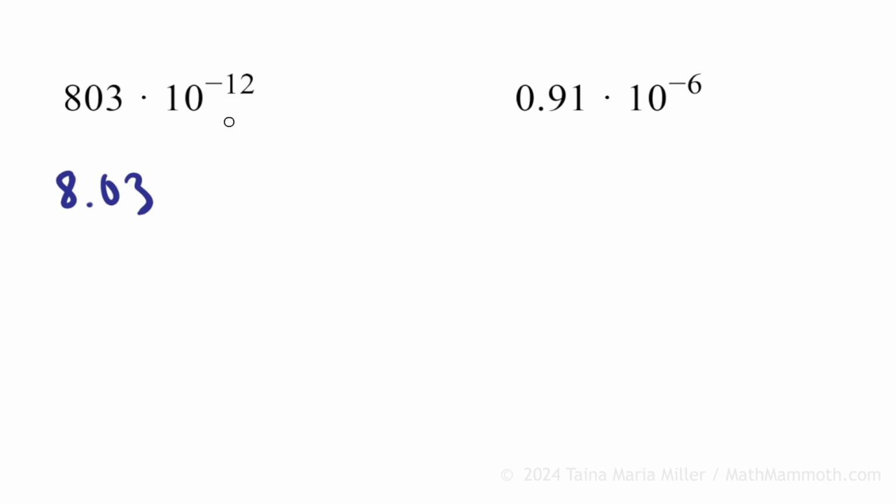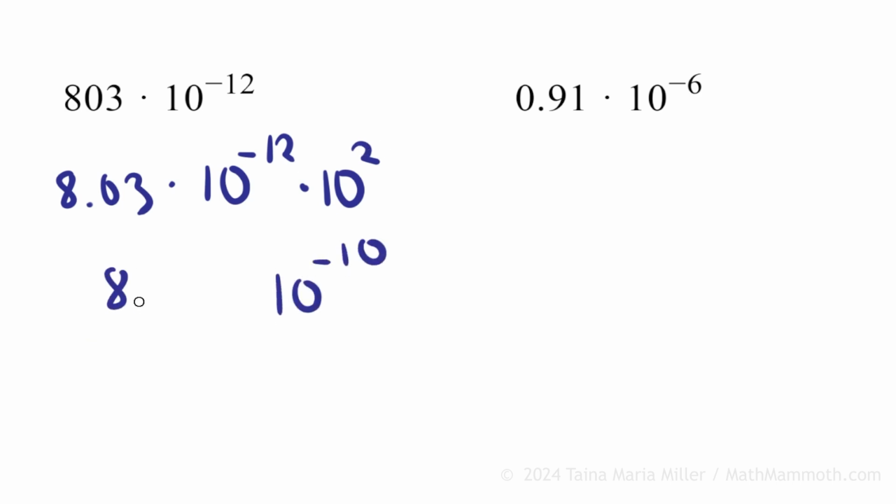That means that this other number here will gain times 100, okay? Or times 10 and 10. So I basically have 10 to the power negative 12 times 10 squared, or the 100. And now I can add the exponents, negative 12 plus 2, and I will then get 10 to the power negative 10, and this multiplier here.